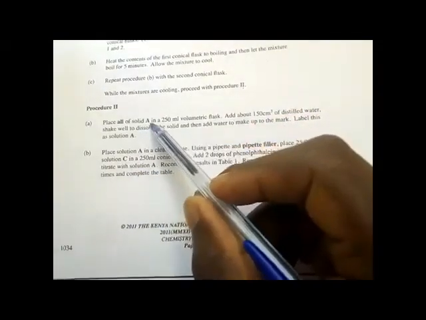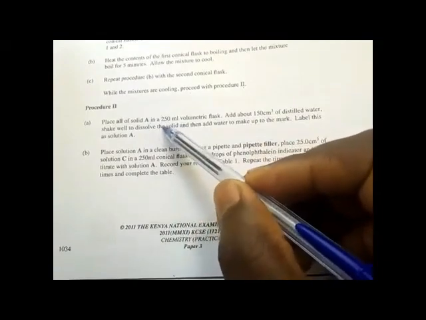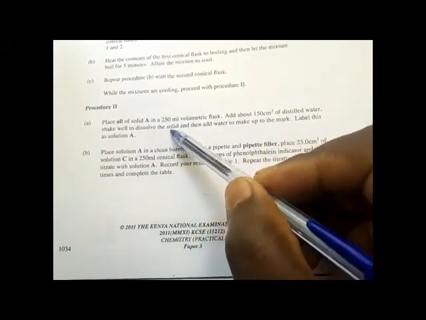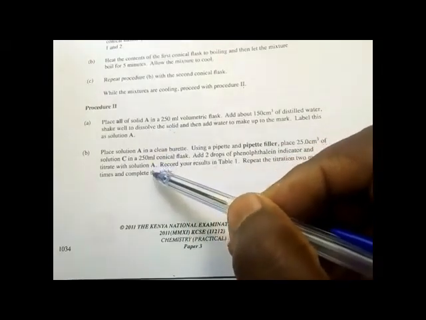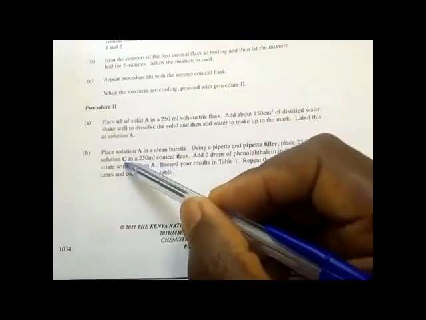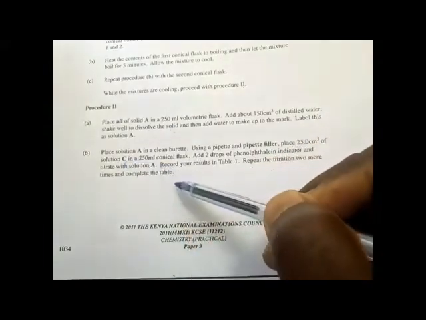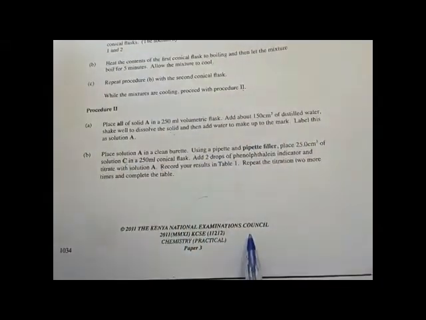So now in procedure 2 we understand very well. After preparing solution A, which is a dibasic acid, the acid is going to react with a base, which is sodium hydroxide, solution C. It is important to understand that.